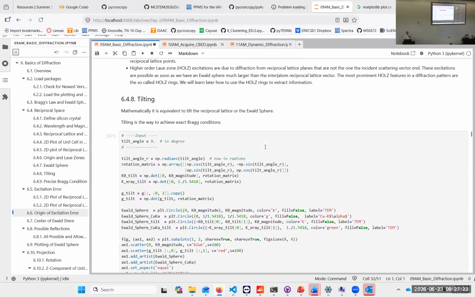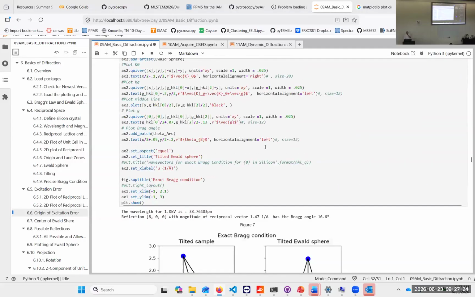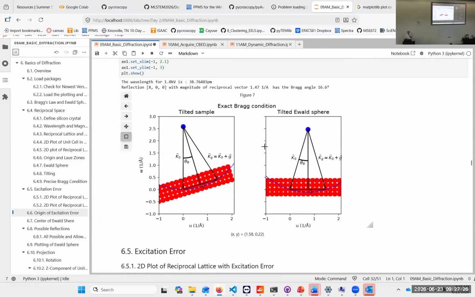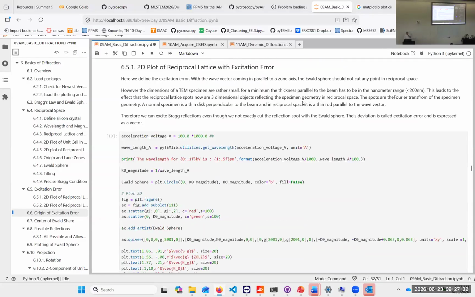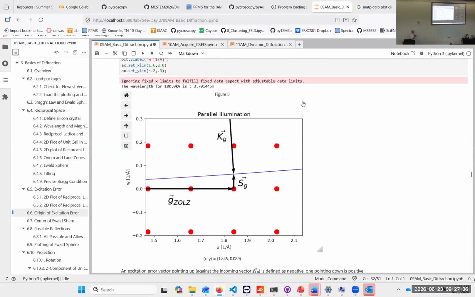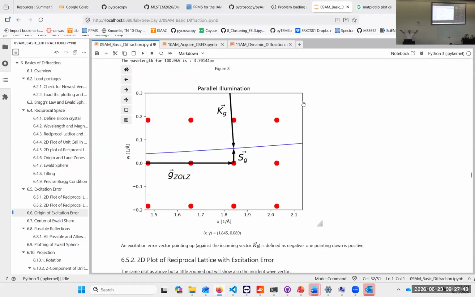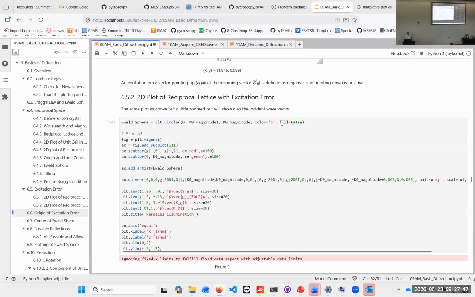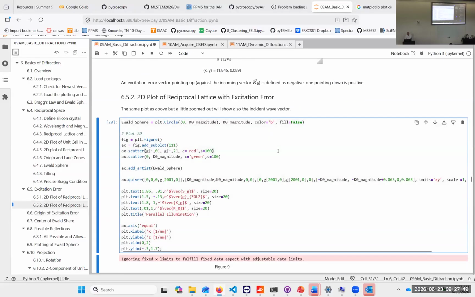Okay, we don't have enough turn here. So eventually we also will hit the higher order Laue zones, and in the higher order Laue zones, we see basically a ring because that is very large angles now. So we'll come to that hopefully too.